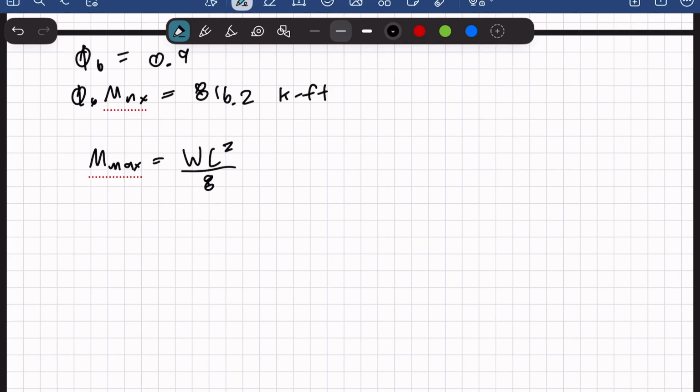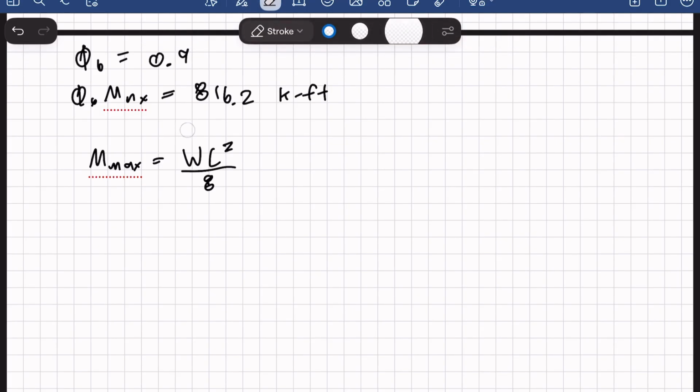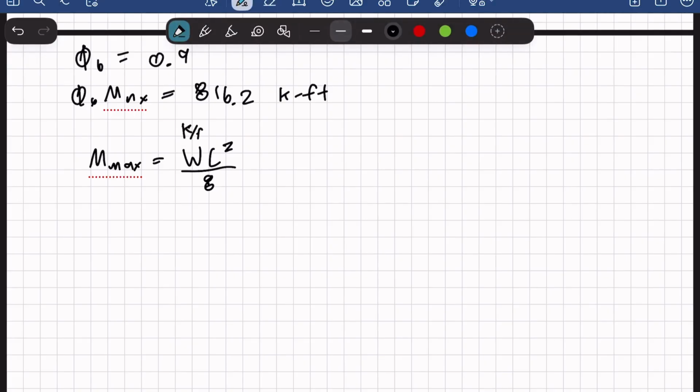Let's do a sanity check on our units there: kips per foot times feet squared, so kip feet, or foot kips, however you want to call it. 1.7088 times 12 squared divided by 8.